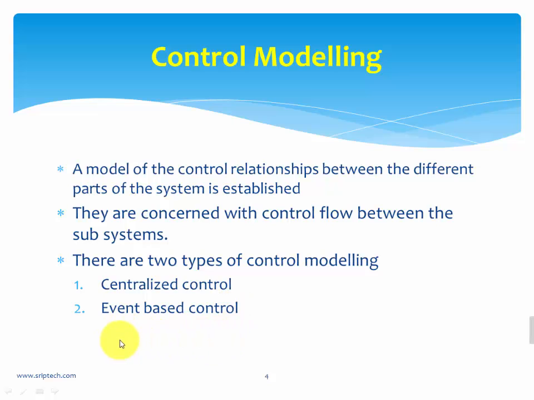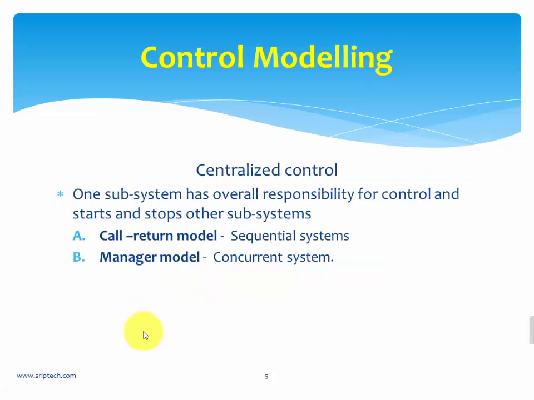And there are two types of control modeling which are of importance. The first one is called centralized control, and the second one is called event based control. So we shall see what is centralized control and what is event based control.